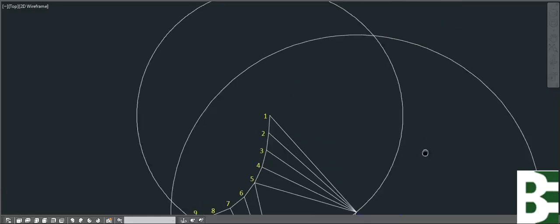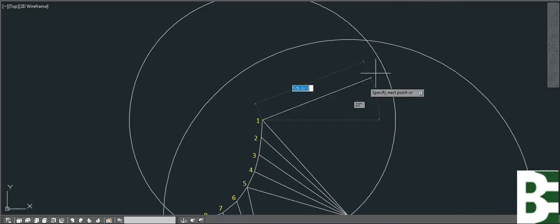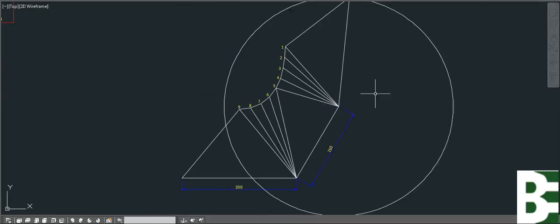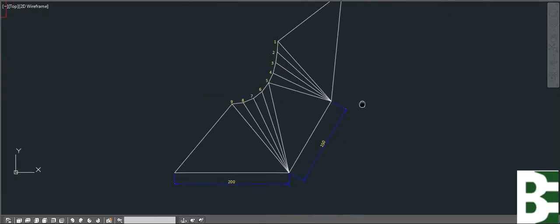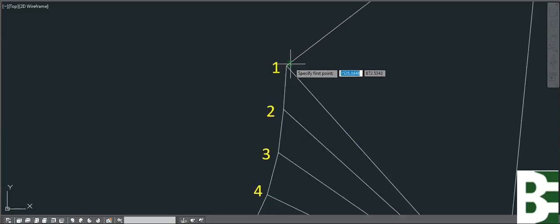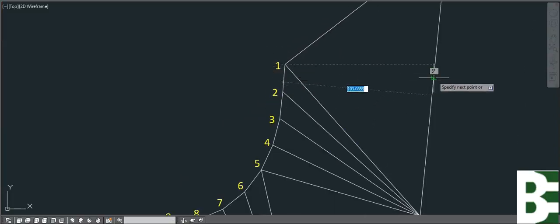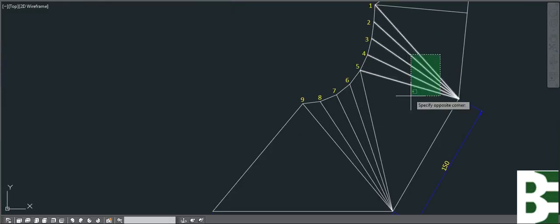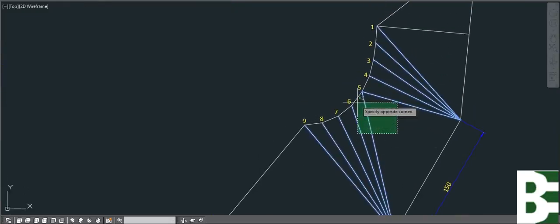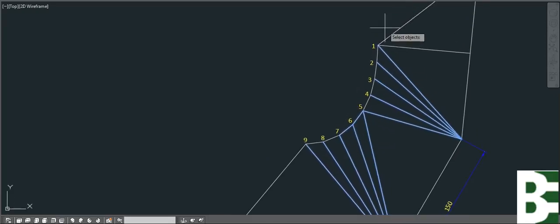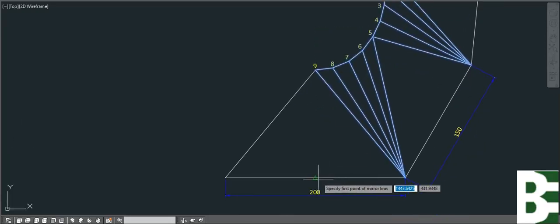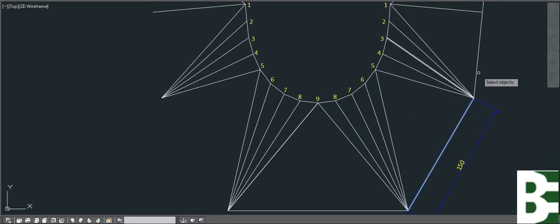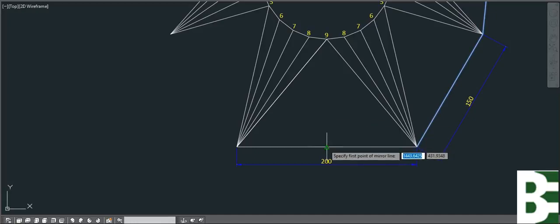So I will draw a radius from number 1 to the corner and match with each other like this. Now I can mirror all these dimensions to the other side, because the other side also has the same dimension.